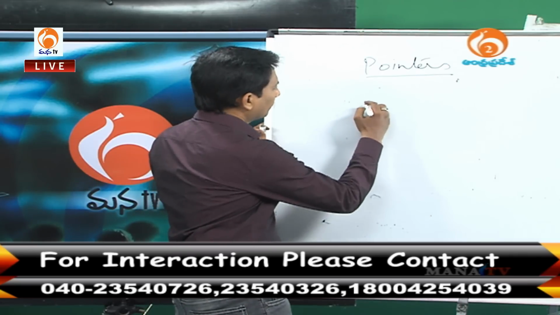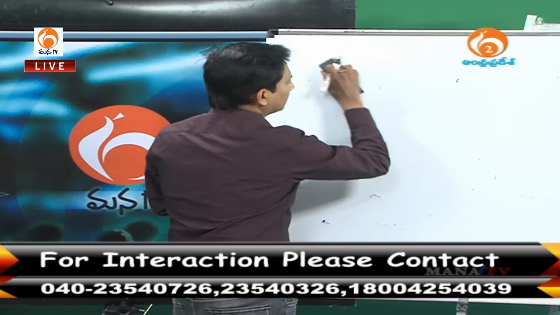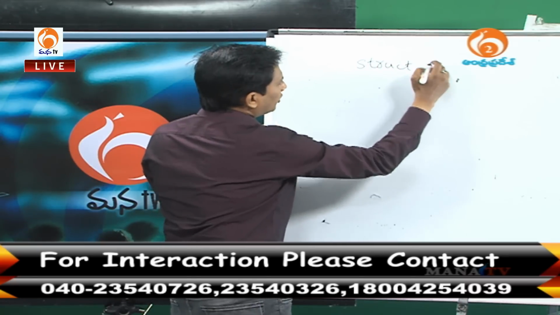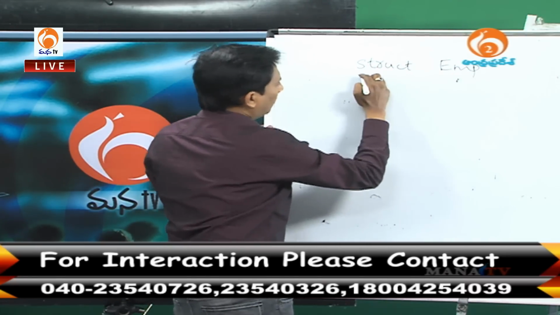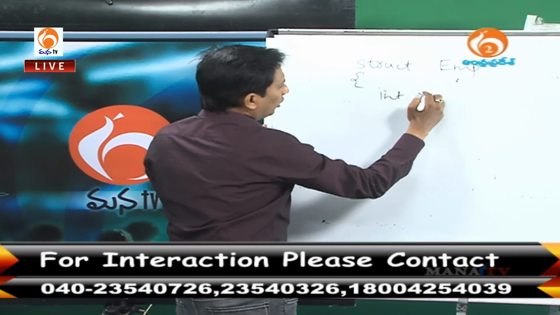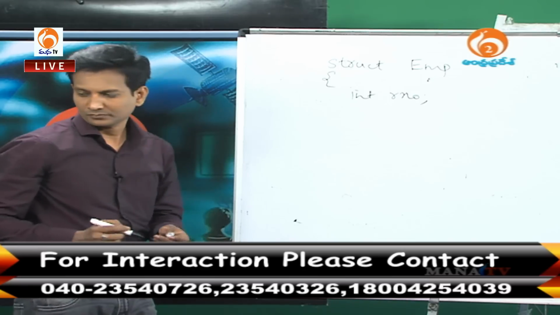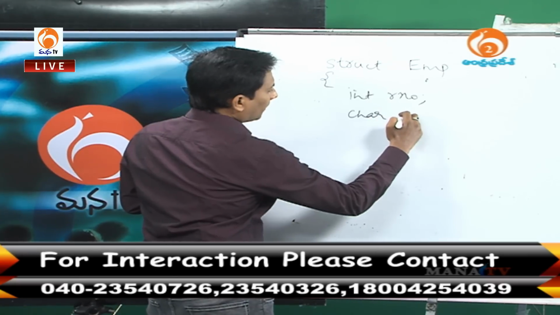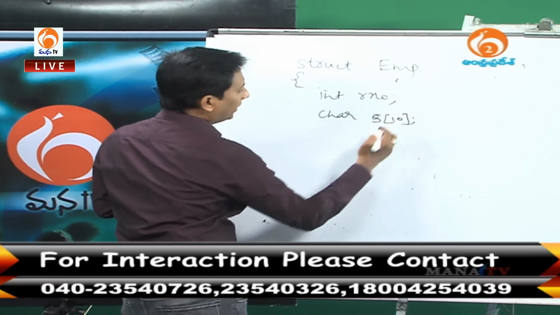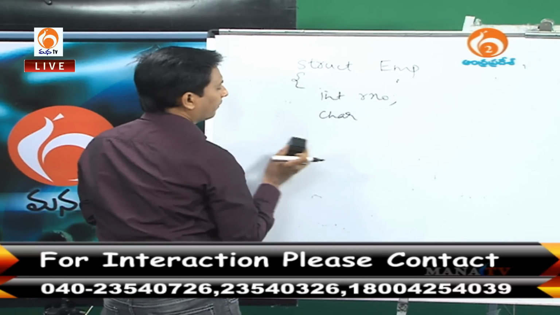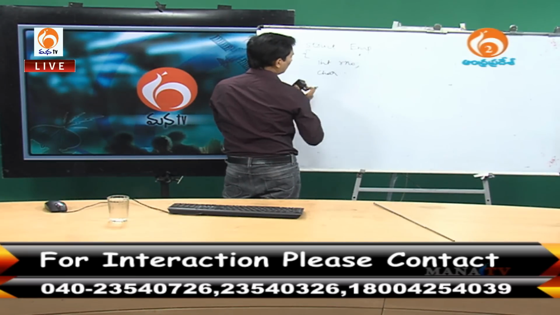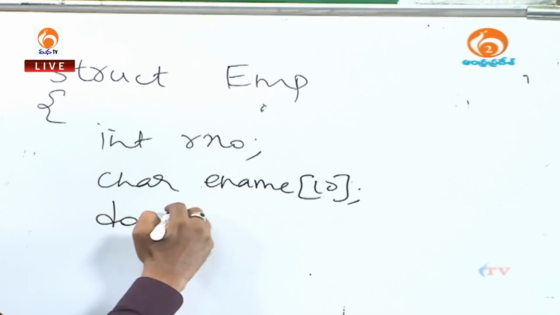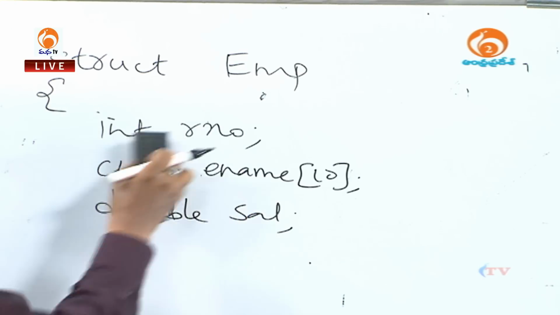Structure syntax I write here. struct, any structure name, EMP I am writing here, int roll number, char name[10], employee name, double salary, employee ID.